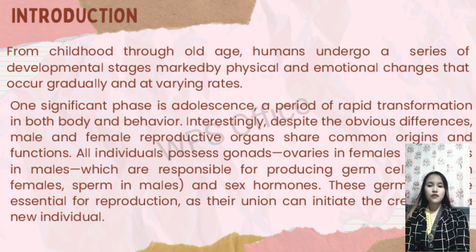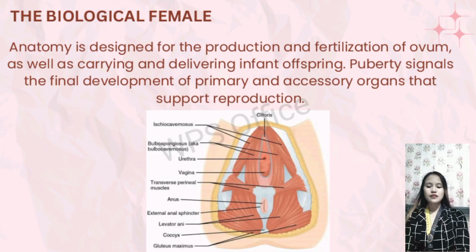The biological female anatomy is designed for the production and fertilization of ovum, as well as carrying and delivering infant offspring. Puberty signals the final development of primary and accessory organs that support reproduction.